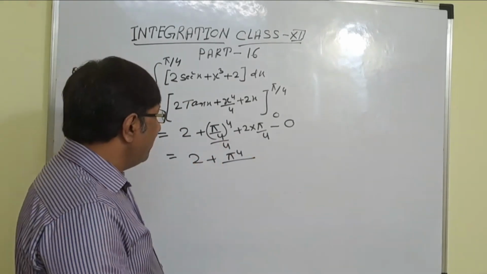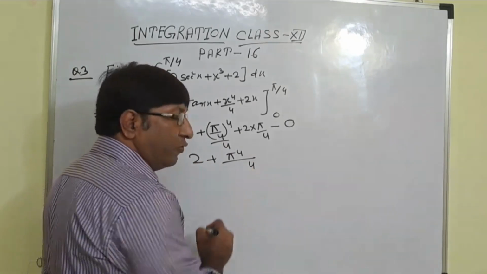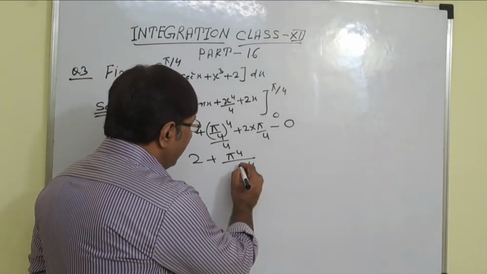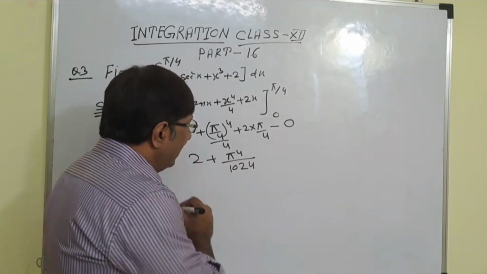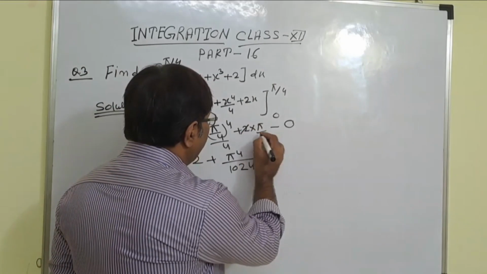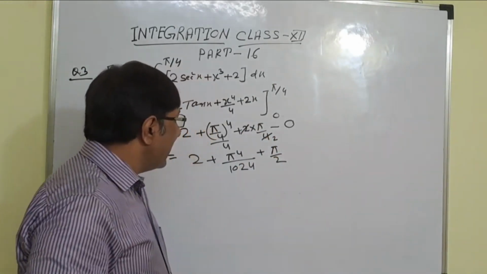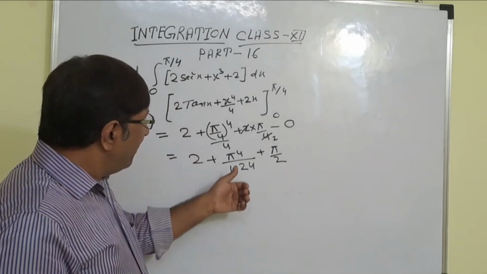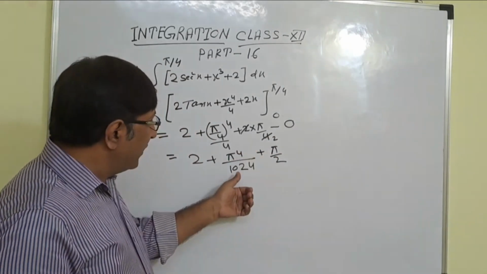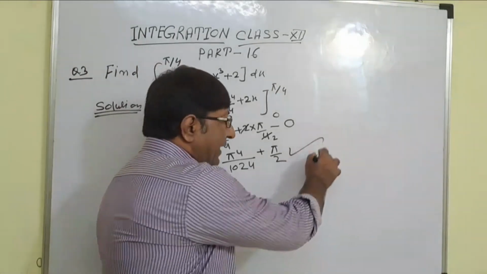So when we multiply 256 into 4, so 4 6s are 24, 4 5s are 20, 22, 4 2s are 8, 10, 1024. And this 2 cancels 4, we get what? Pi by 2. So correct answer is 2 plus pi to the power 4 by 1024 plus pi by 2 is our correct answer.